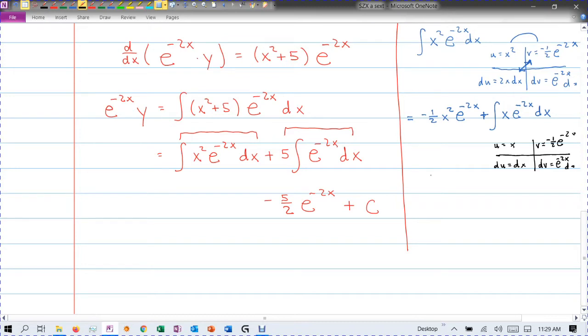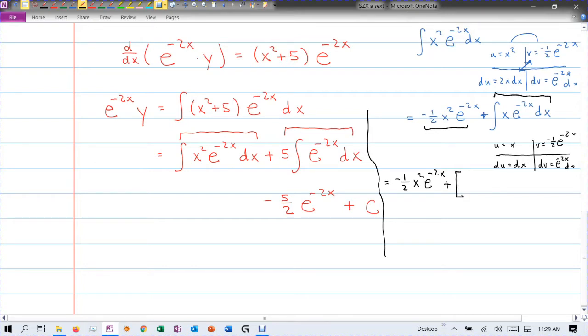So that equals negative 1/2 x squared e to the negative 2x, that's just this part, plus, now I'm doing some brackets. This integral here, which is our whole integration by parts. So this times this, so negative 1/2 x e to the negative 2x.